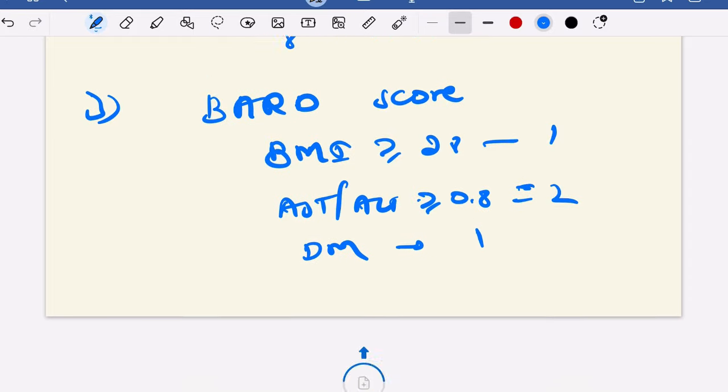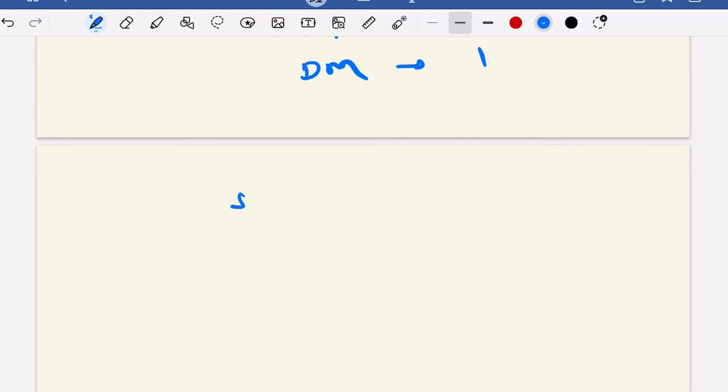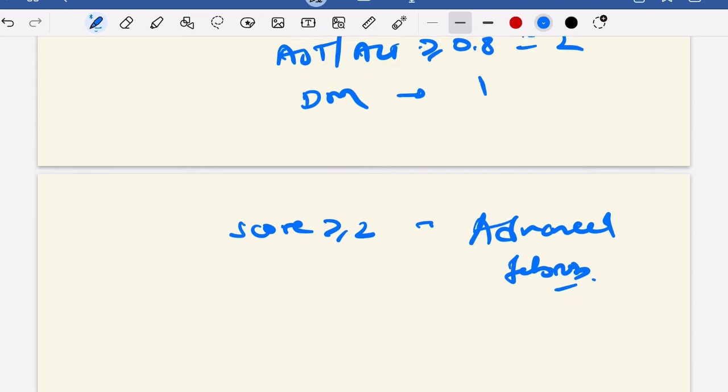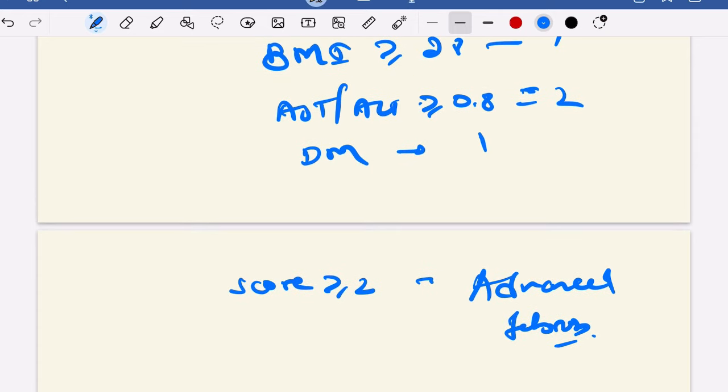If the BARD score is 2 or more, the odds ratio of predicting AF, advanced fibrosis, is more than 17. So these are a few handy tools to predict fibrosis in cases of CLD.